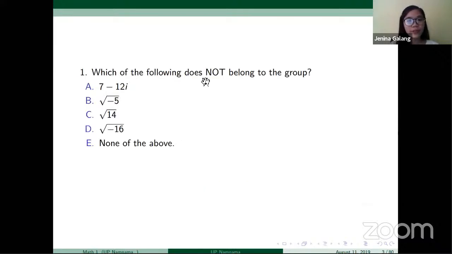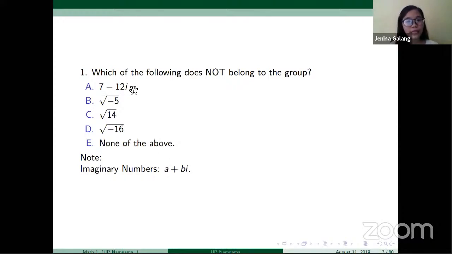Which of the following does not belong to the group? So we have 7 minus 12i, the square root of -5, the square root of 14, and the square root of -16, and e. So here, note that our imaginary numbers have the form a plus bi, or this is the complex numbers, where a is the real part and bi is the imaginary part.